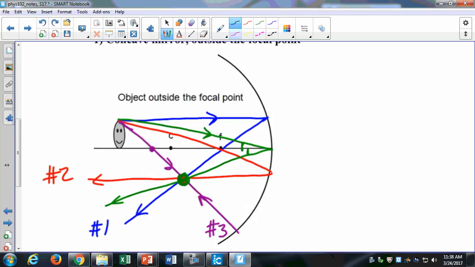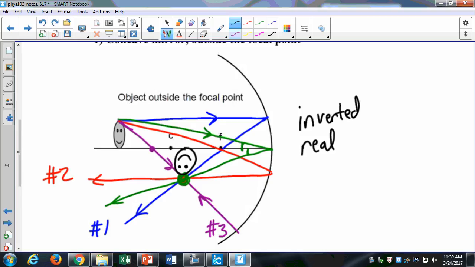And then the image is going to look like this. Turn that frown upside down. Alright, so the image here is inverted and real. So it has a negative magnification and a positive image distance.